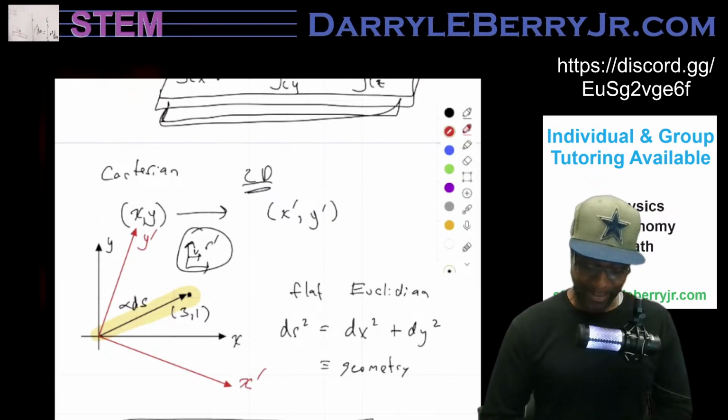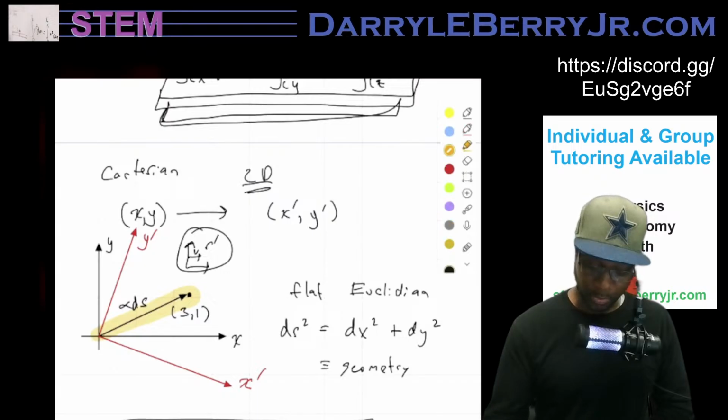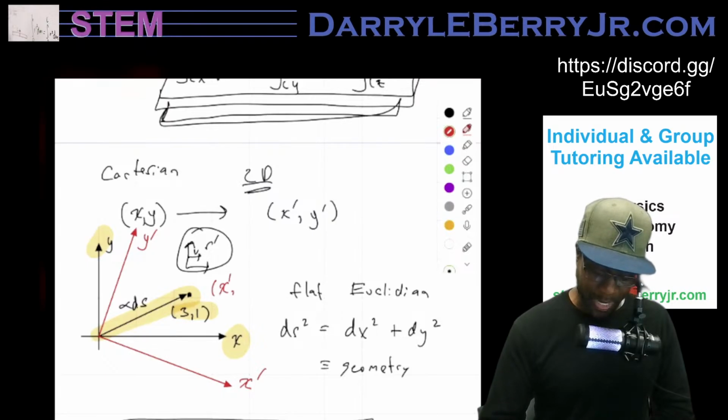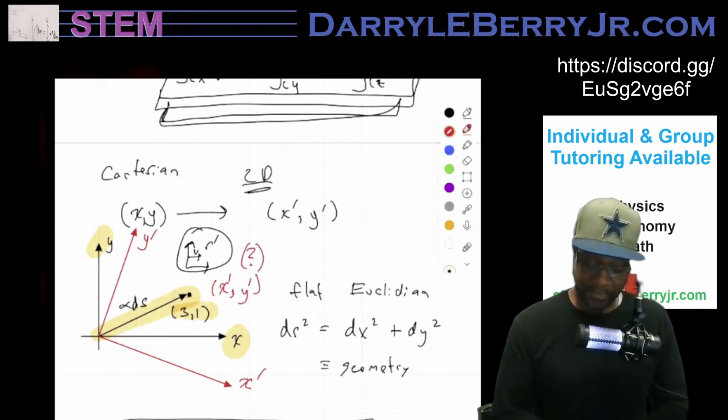What that means is that in x and y, normally just regular x and y, we get 3, 1 out of that. But we're going to get something totally different out of the prime one, right? That same point in x prime and y prime, we don't know what that's going to be, and these steps here will help elucidate what that will be.